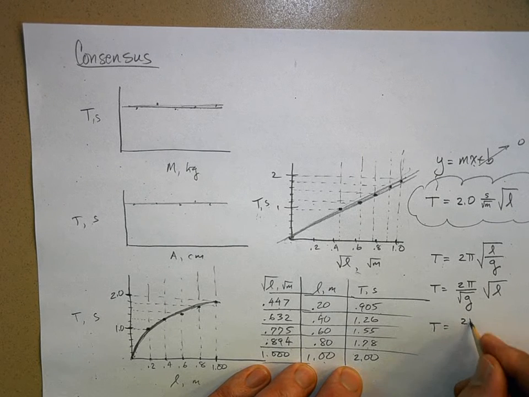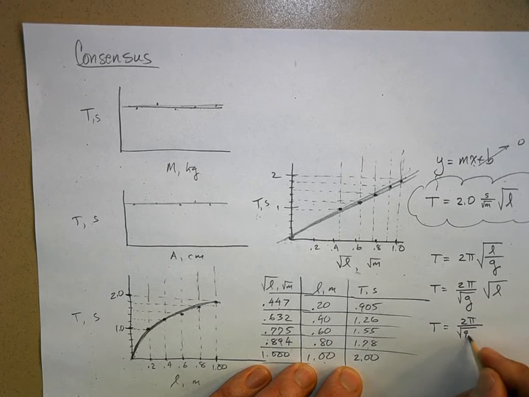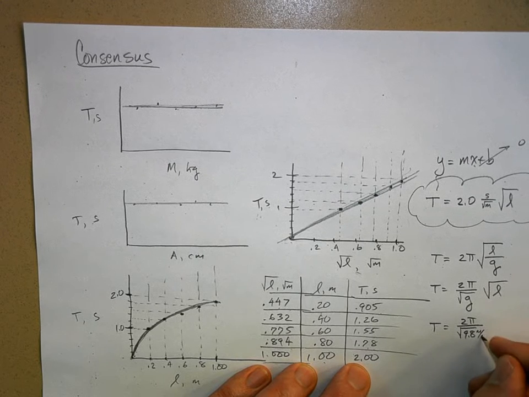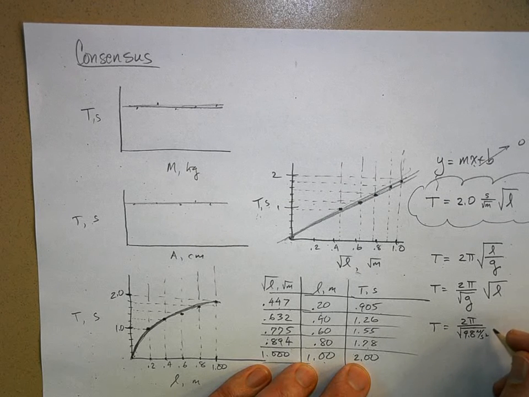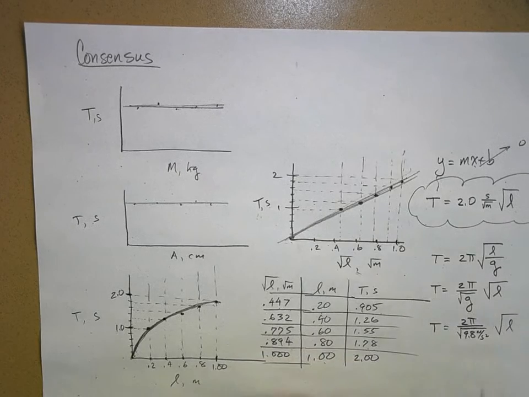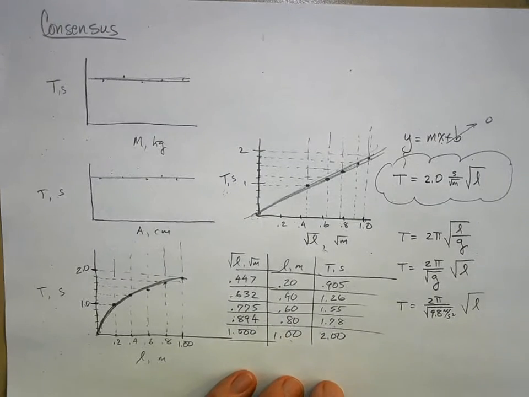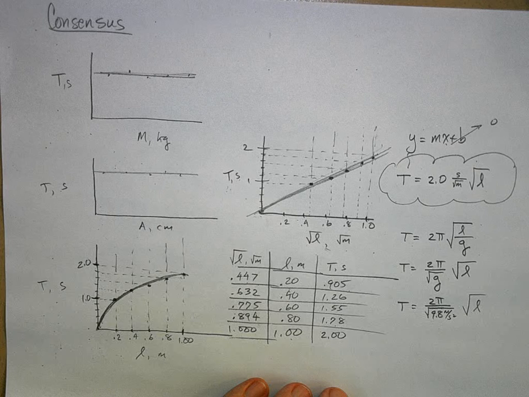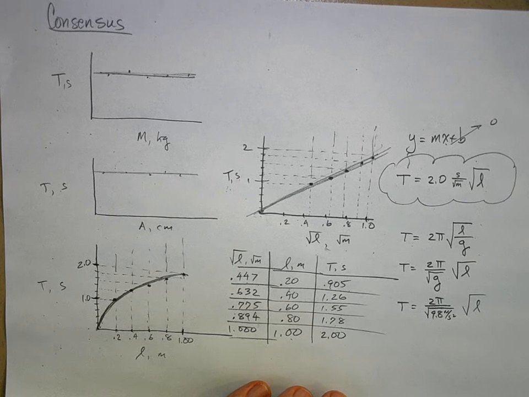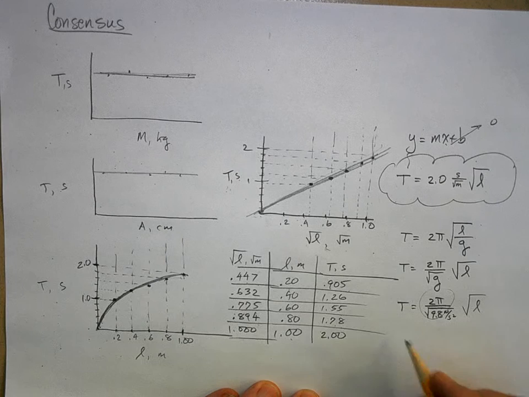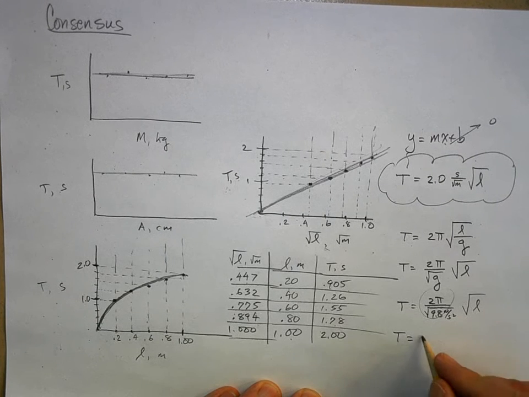So this is 2 pi divided by the square root of 9.8 meters per second squared, times the square root of L. Well, let's evaluate this. 2 times pi divided by 9.8 raised to the 1/2 power, and you get 2.00. This is equal to 2.0.